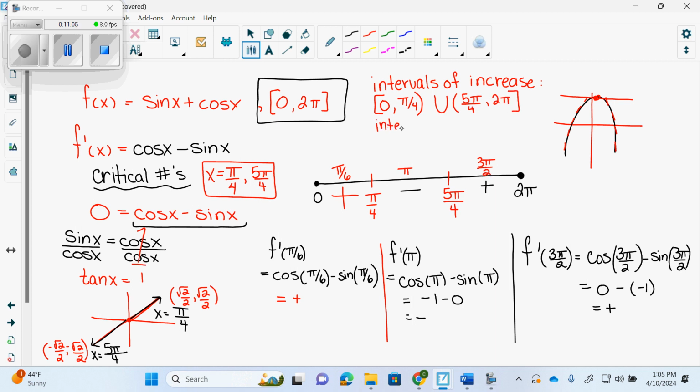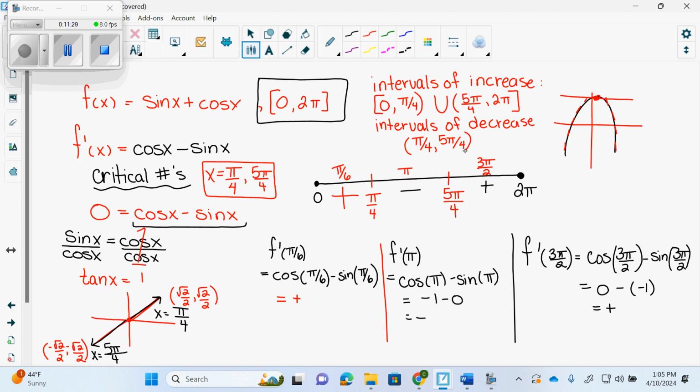Intervals of decrease is from pi over 4 to 5 pi over 4. Why are these rounded? Is it decreasing at pi over 4 and 5 pi over 4? Because if I made them square, then I would be saying it's decreasing at those values.